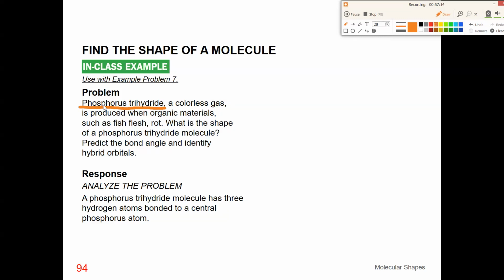So this basically links: from the name you need to figure out the formula, and from the formula you need to figure out the electron dot diagram, and from the electron dot diagram you can figure out the molecular shape.